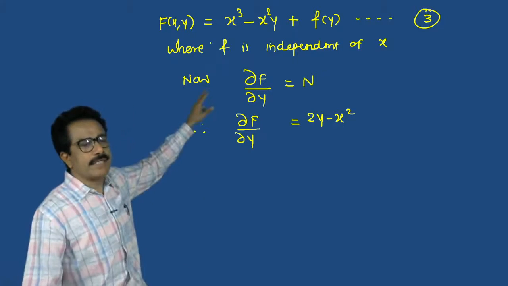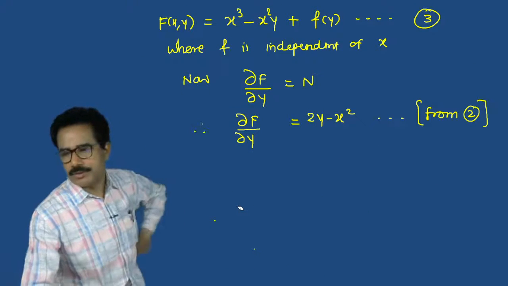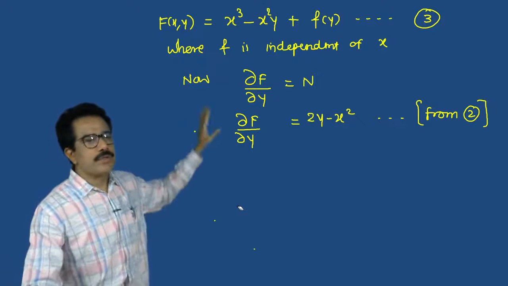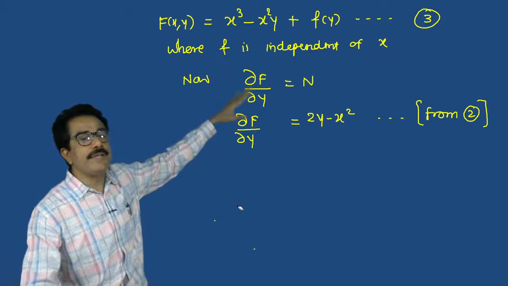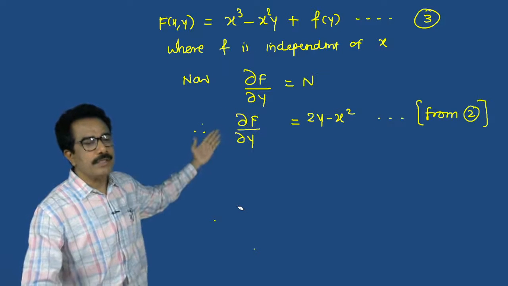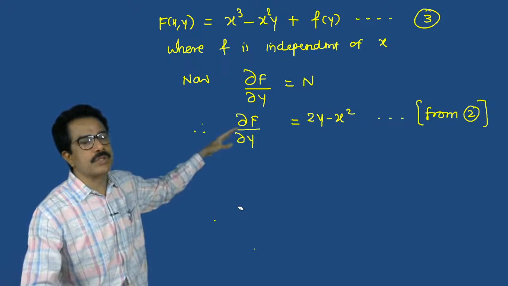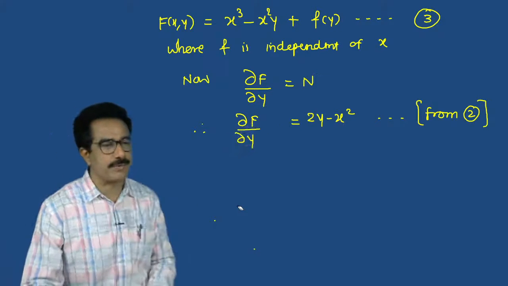We know F, so we can write that f is independent of x, and ∂F/∂y equals N, which means 2y minus x square.